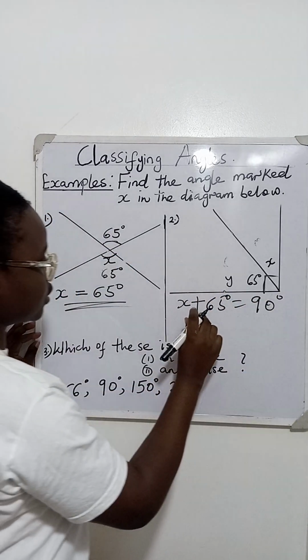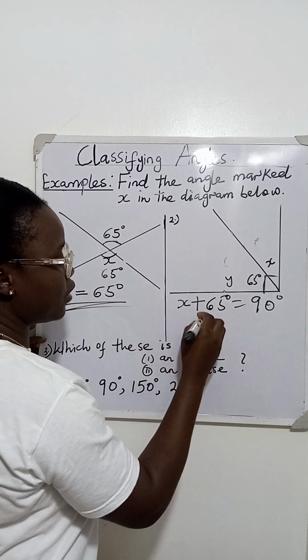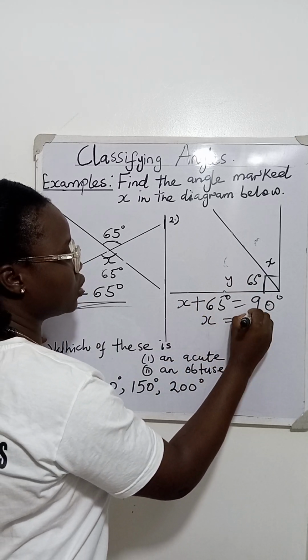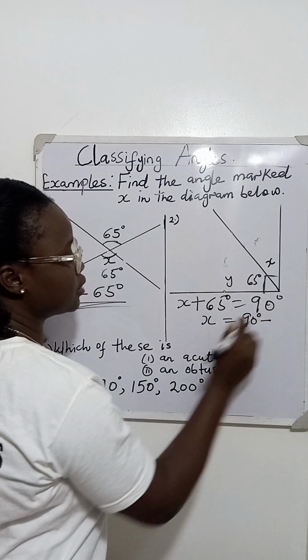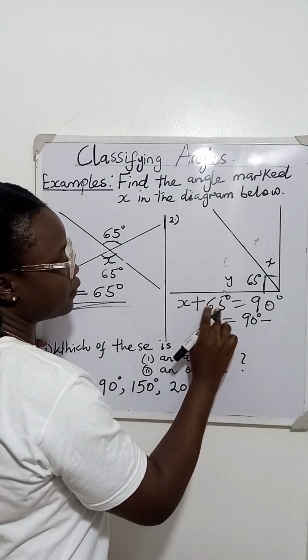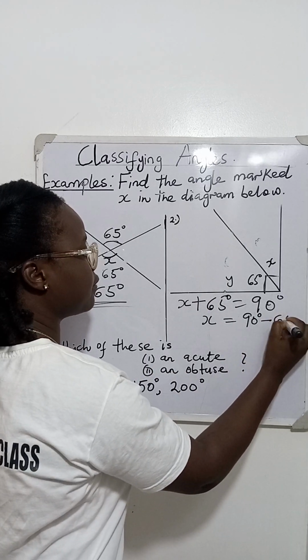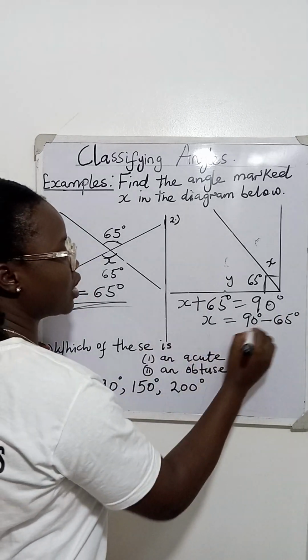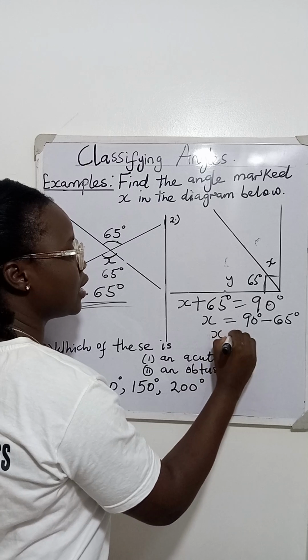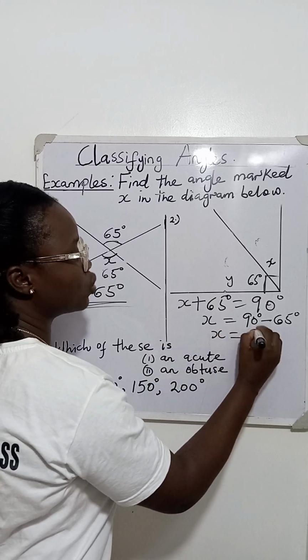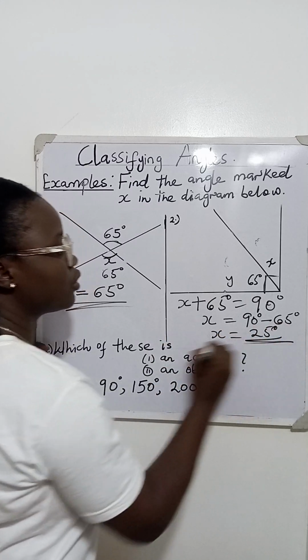Here we transfer the constant to determine the value for x. X equals what? 90 degrees minus, remember when plus 65 crosses over, it turns to what? Minus 65 degrees. So subtracting 65 from 90, x will be equal to what? 25 degrees.